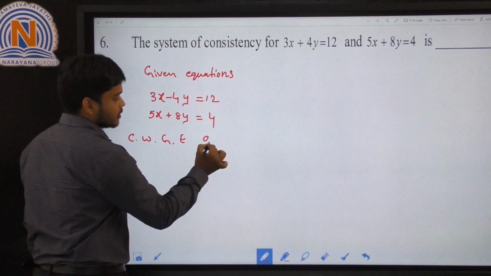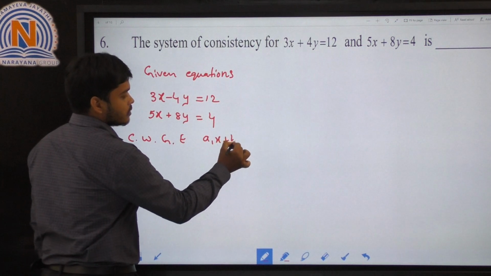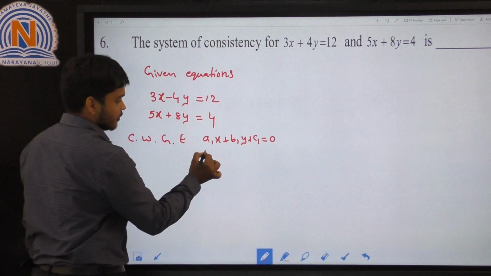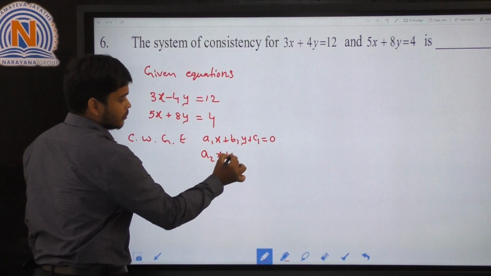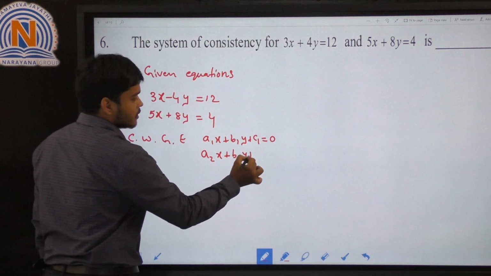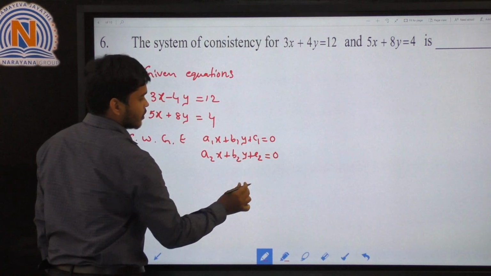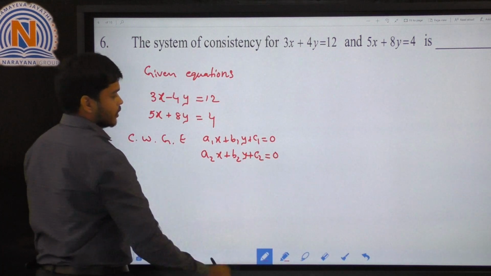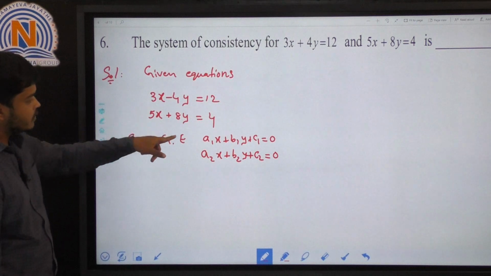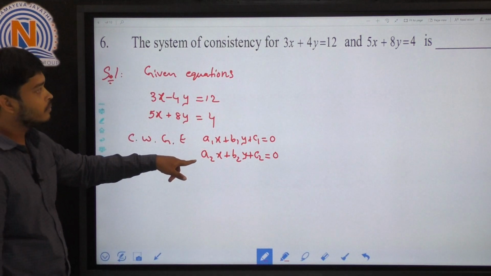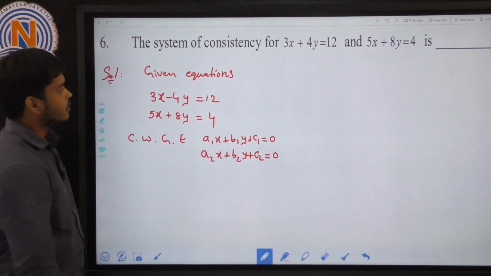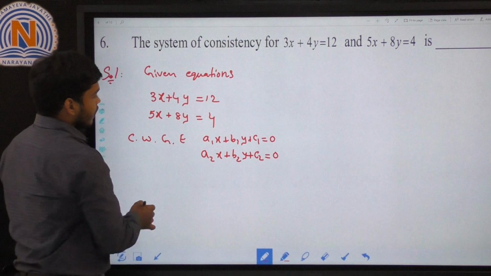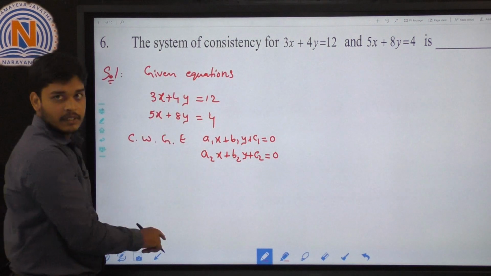What are the general equations? a1x + b1y + c1 = 0 and a2x + b2y + c2 = 0. Compare these two equations with the general equations.